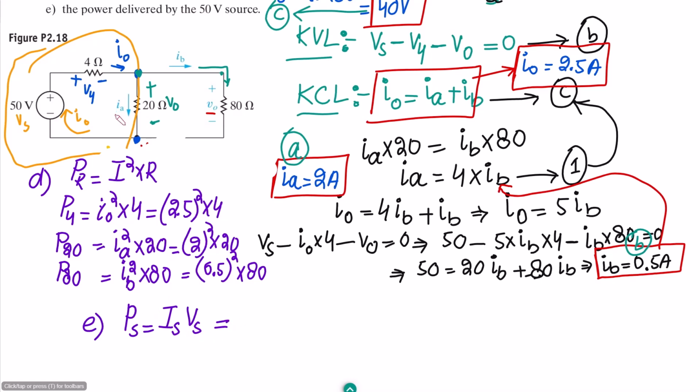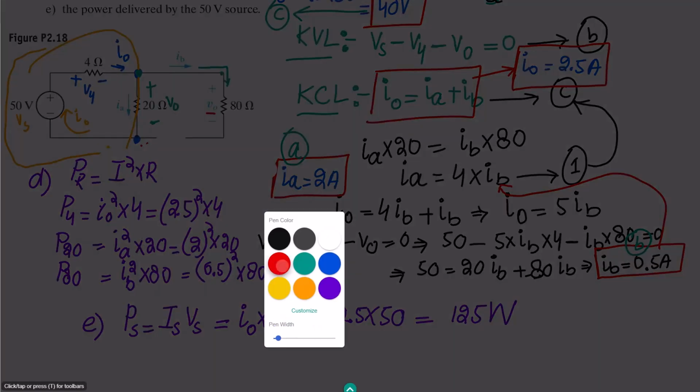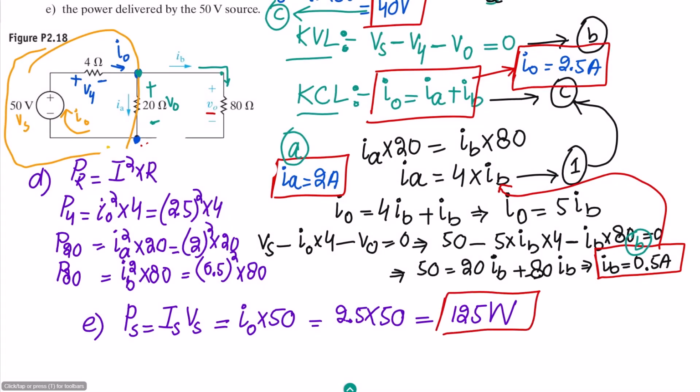The current it provides is I naught, while the source voltage is 50. The current I naught, as we have found out, is 2.5 multiplied by 50. Finding it out, it will be 125 watt, and that is basically the answer of part E.